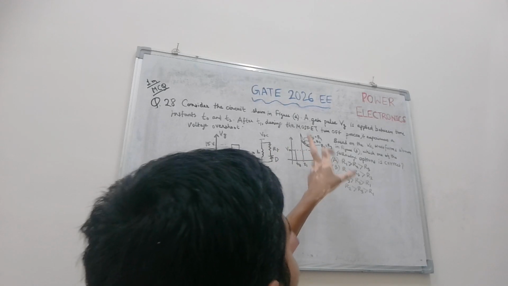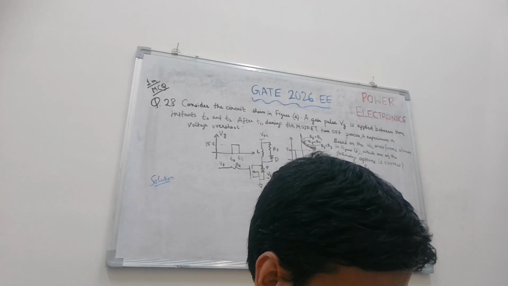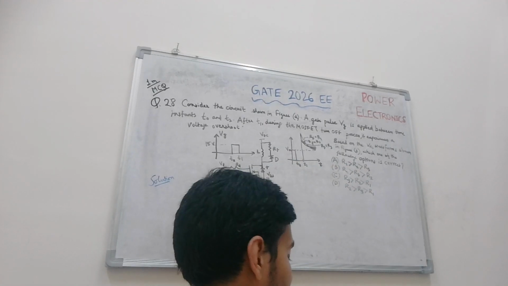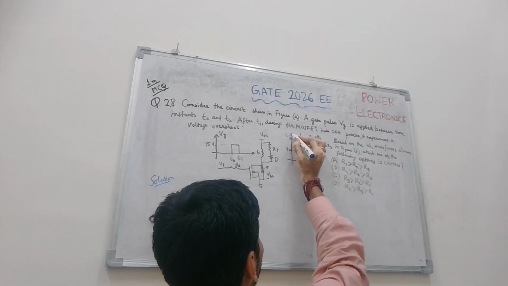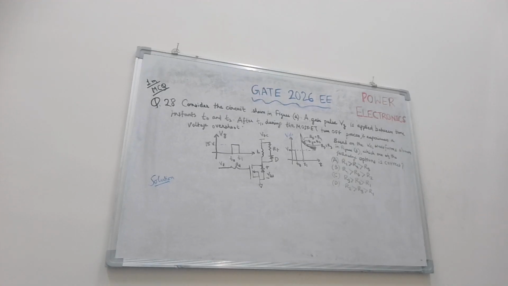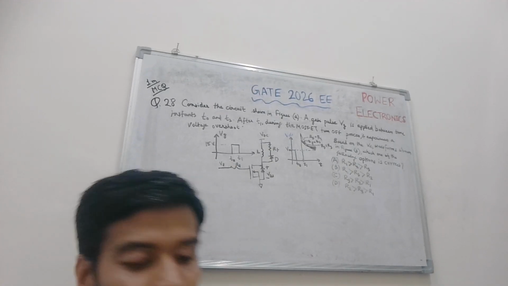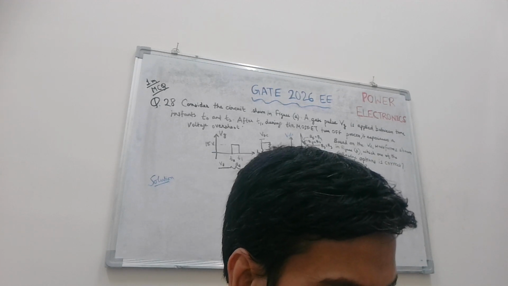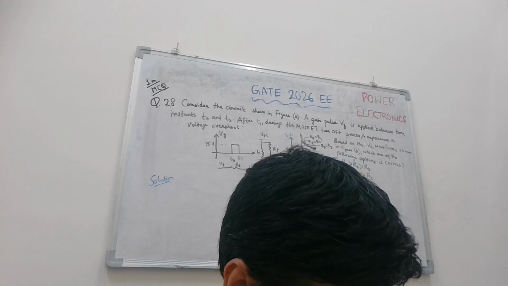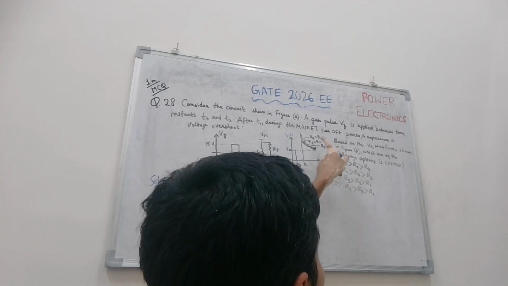So RF is there, and the characteristic is given as like this. So based on the VDS waveforms shown in figure B, which one of the following options is correct? You identify the order of the resistances for the characteristics.